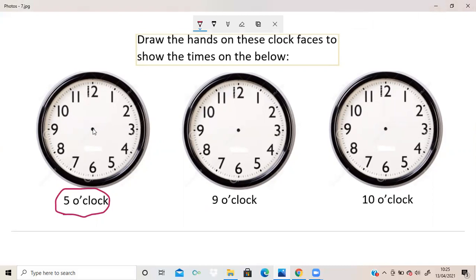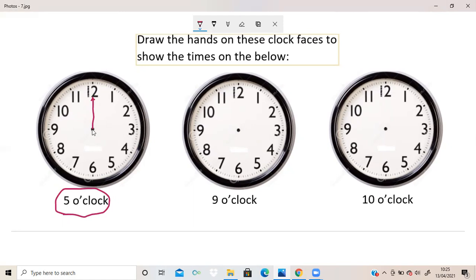So it is very easy. The minute hand is a little bit longer than the hour hand. So the minute hand should be on 12. And obviously, when you do it on paper, you use your ruler. Then the hand should be straight.